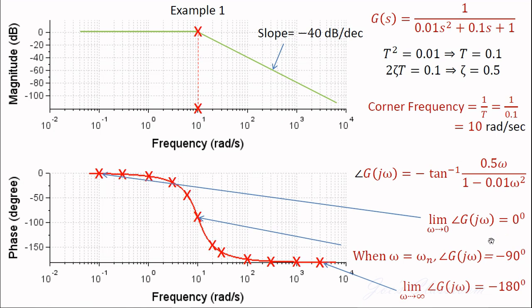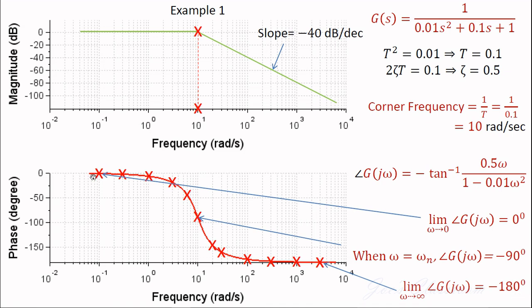And as omega tends to infinity, if you put infinity, you will get infinity by infinity, which is an indeterminate form. Then you can apply the L'Hospital rule here. If you apply this L'Hospital rule and apply these limits, you will get the angle as minus 180 degrees.